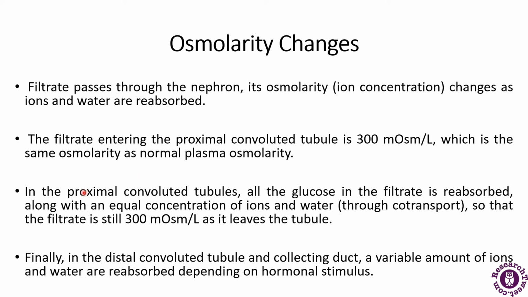If I talk about the PCT, the proximal convoluted tubule, here all the glucose in the filtrate is reabsorbed. So what is being reabsorbed here? It is the glucose, along with an equal concentration of ions and water, so that the filtrate is still 300 mOsm per liter as it leaves the tubule.